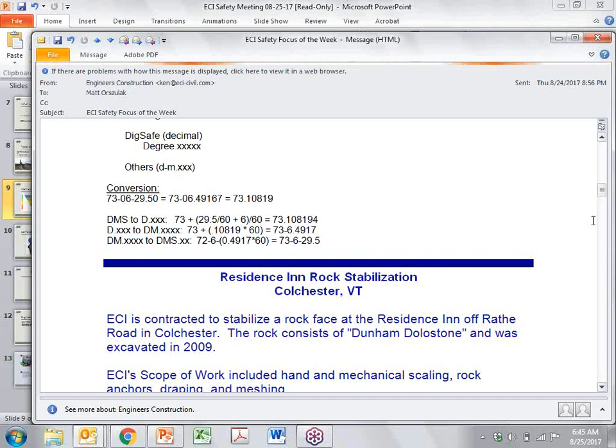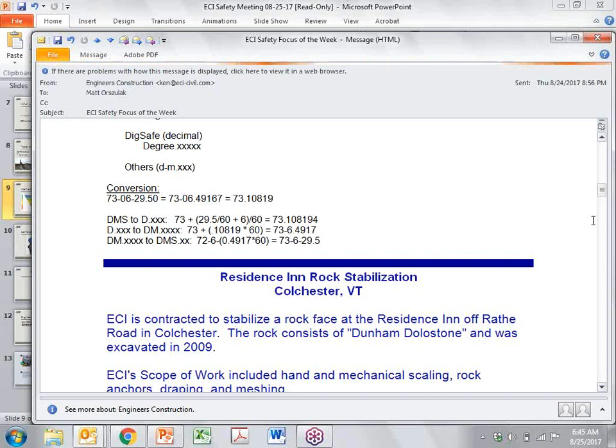So how do you get there? Pretty simple, actually. You just have to think about it for a minute. To go from degrees, minutes, seconds to a decimal format, you take the 73 and then add together the 29.5 divided by 60 and the 6 divided by 60 again.